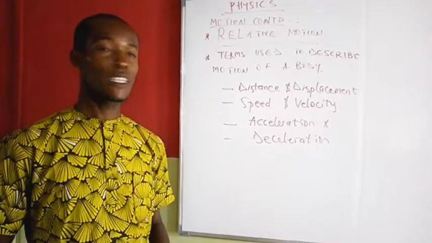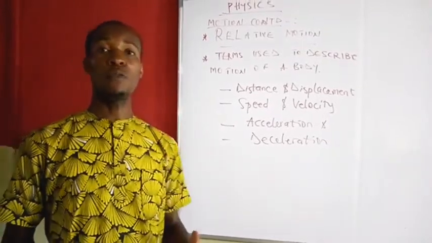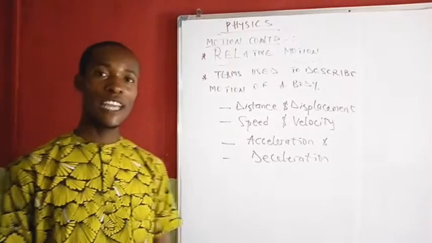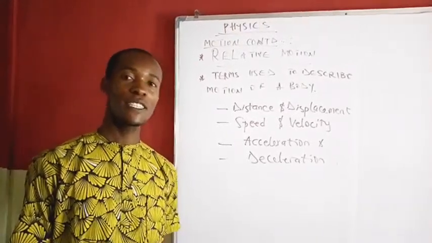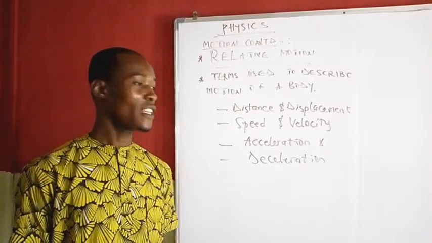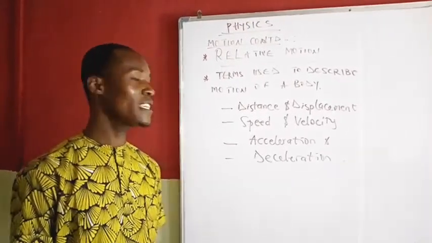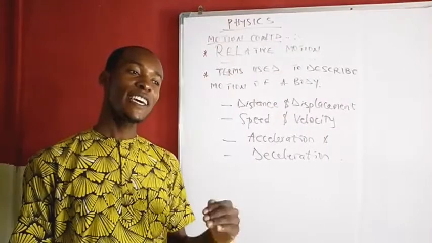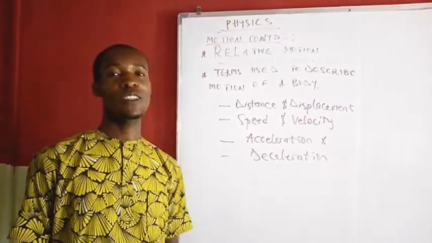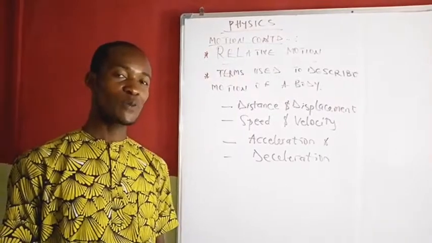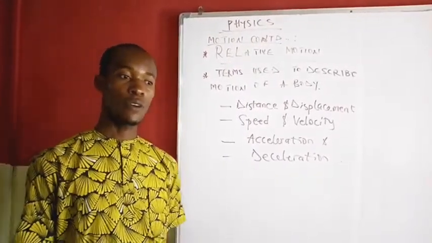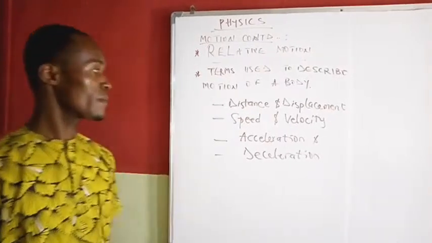Velocity, on the other hand, will have constant velocity or uniform velocity. The constant velocity or uniform velocity is when equal displacements are covered in equal time intervals, no matter how small the time interval may be.